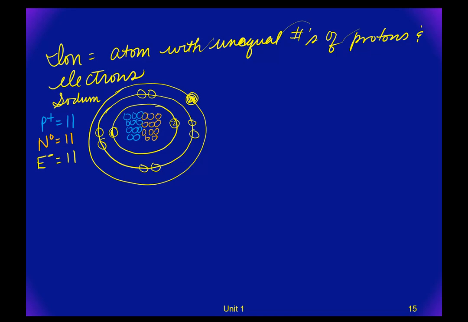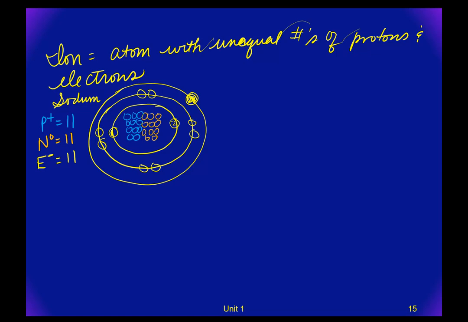No. How do I know? Because I'm not following the octet rule. According to the octet rule, that third shell should have 8 electrons. Do I have 8 electrons? No, I've got 1.